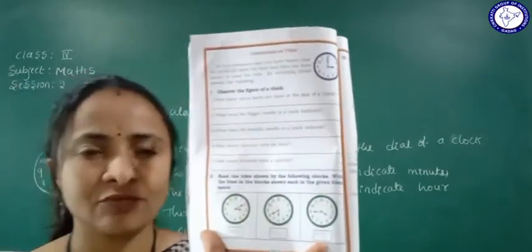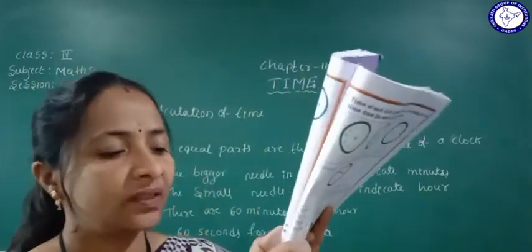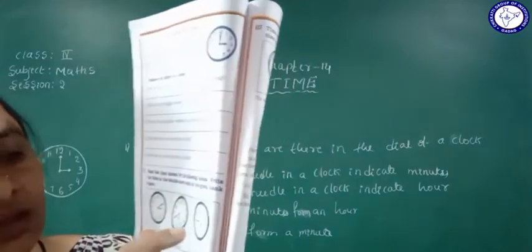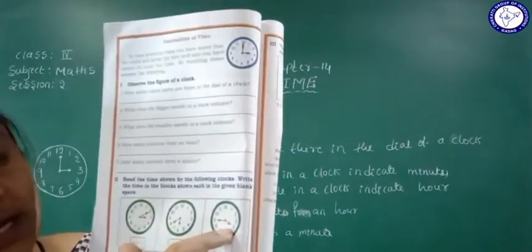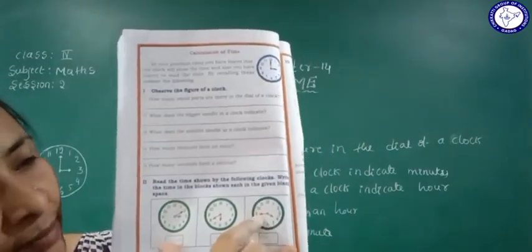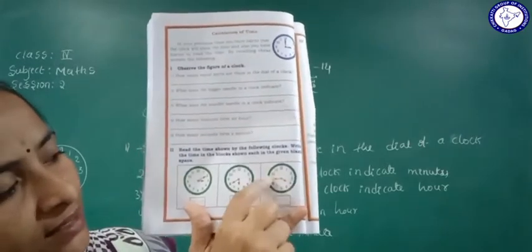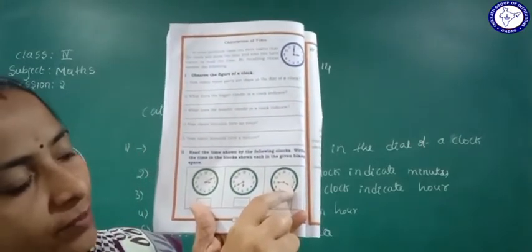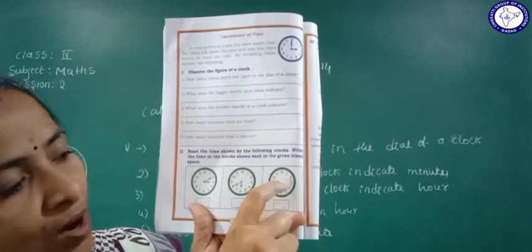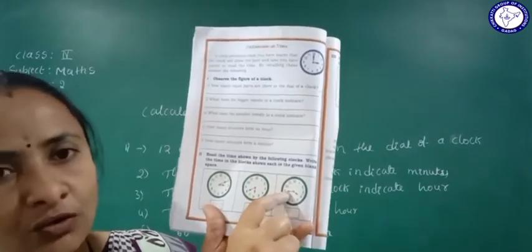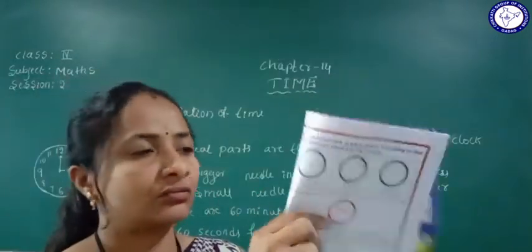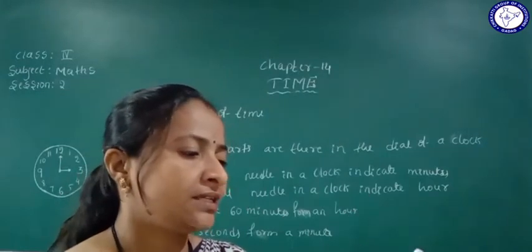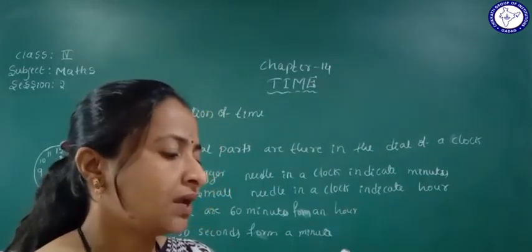Next, the small needle is at 4 and the big needle is at 9. How will we read this? It is quarter to 4.